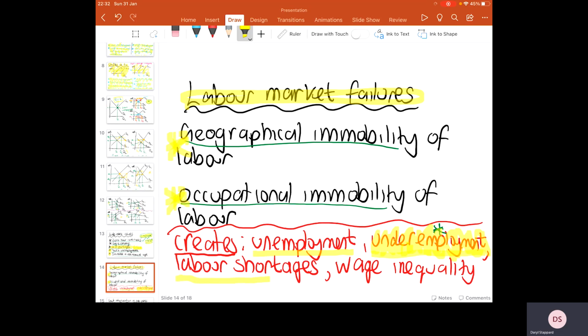Next one, labour shortages. If you're a business and you're demanding workers, but the people who can do that job are based in a different part of the country and they can't travel to you, then you're going to find it difficult to get hold of the right workers. Or if there are people where you live wanting jobs but they lack the skills for those jobs, again, you will struggle to get hold of the workers that you need.